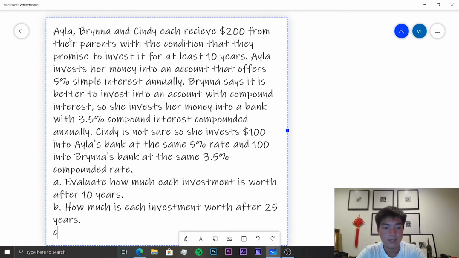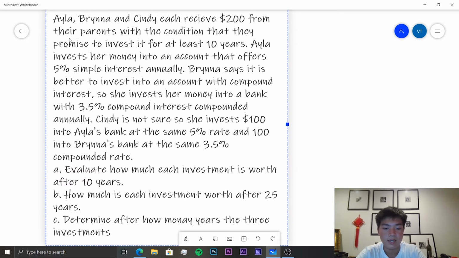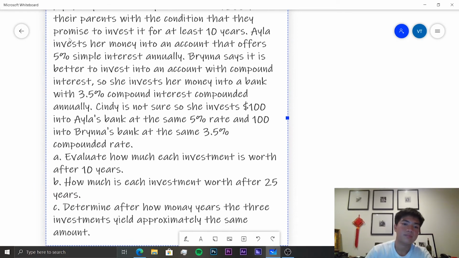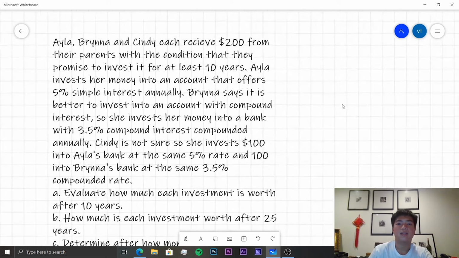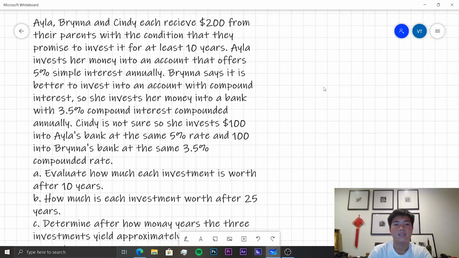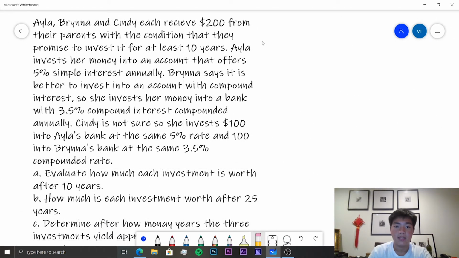And C, determine after how many years the three investments yield approximately the same amount. Okay, sure. So let's start with A.